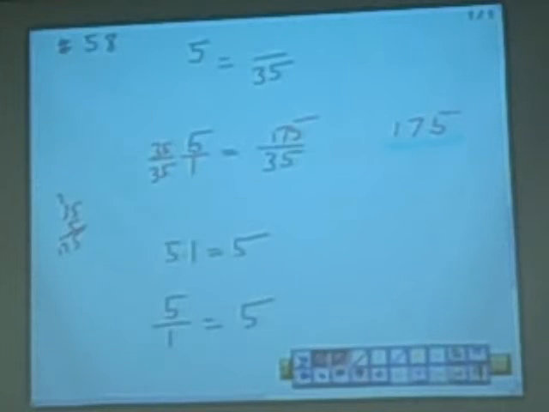So will it always be 1? Yes, no matter what whole number you have, you can always put a 1 underneath it if you need to. Okay. Any other questions with that?